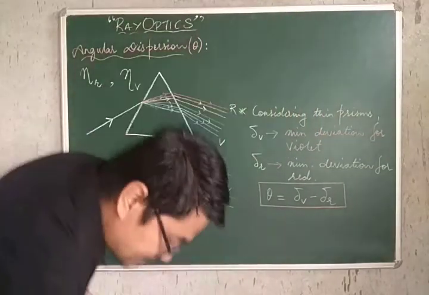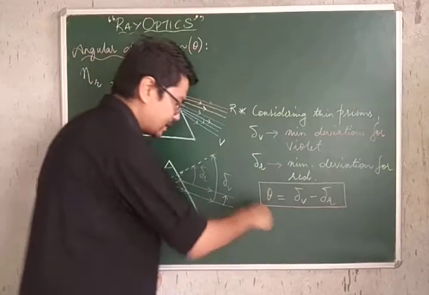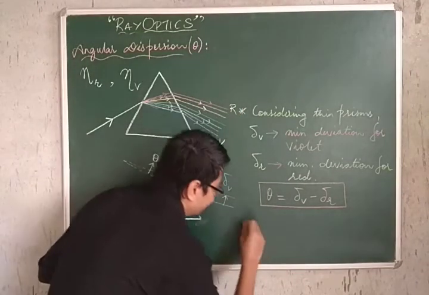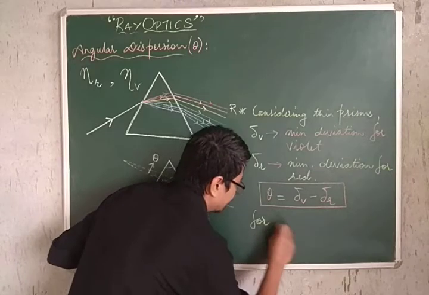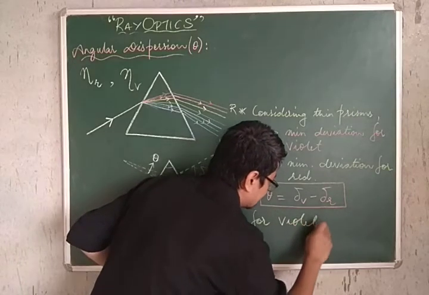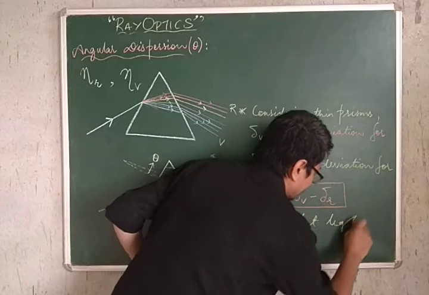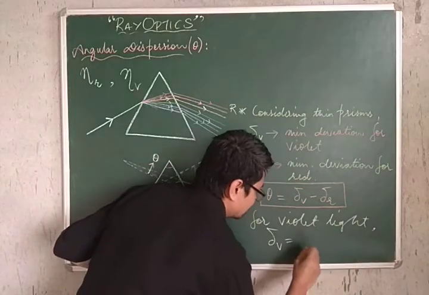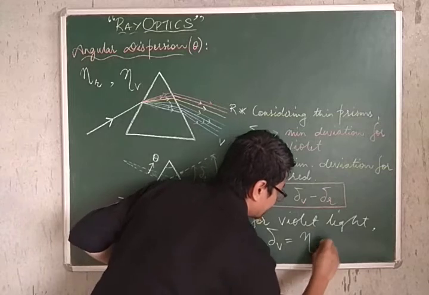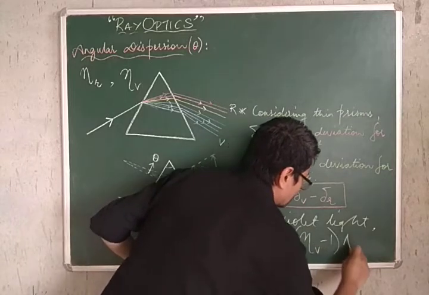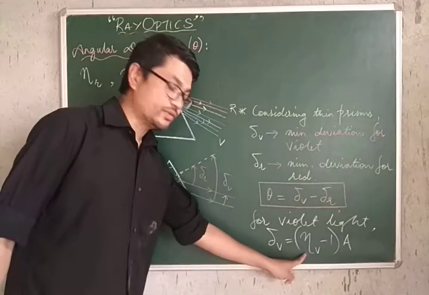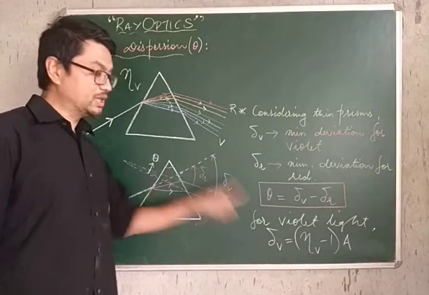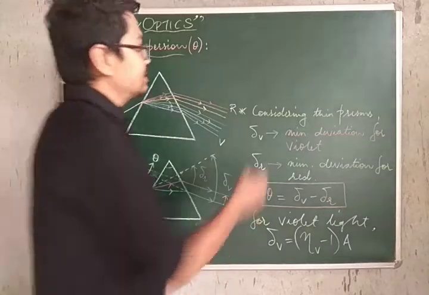Now see, let me start from here itself. If it's a case of thin prism, then for violet light we can write delta V is equal to (eta V minus 1) into the angle of the prism, where eta V is the refractive index of the material of the prism for violet light.